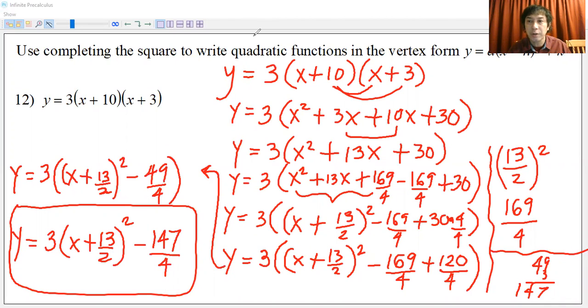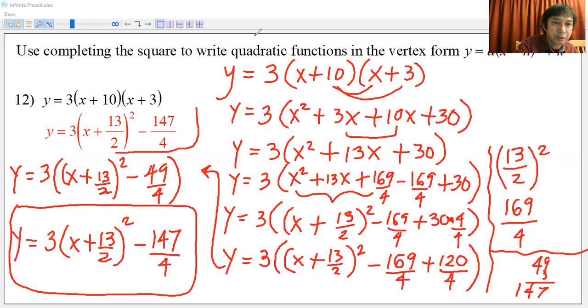All right. So let us verify the answer. Okay. And that looks identical with ours. So that's 3 times x plus 13 over 2 squared minus 147 over 4. As displayed by the computer, that's the correct answer there. And so is ours.